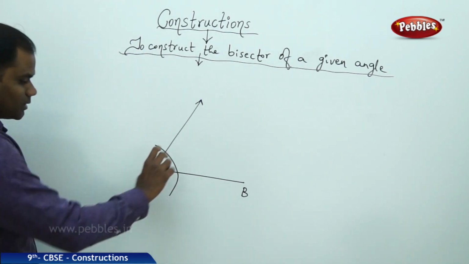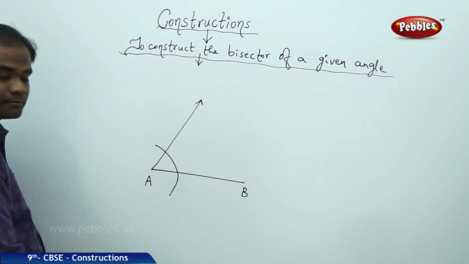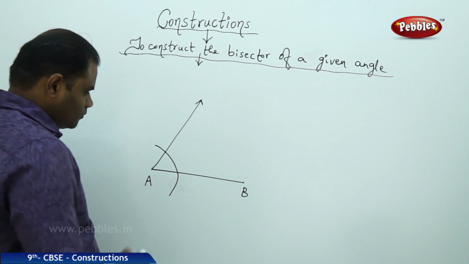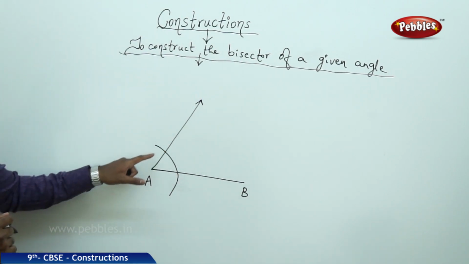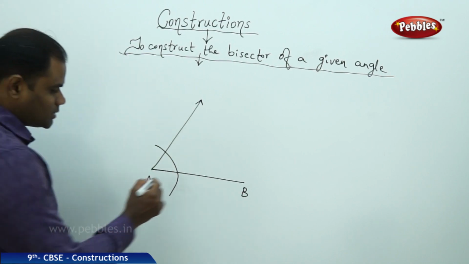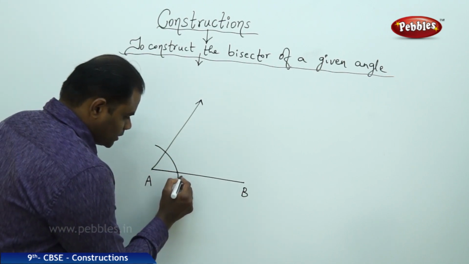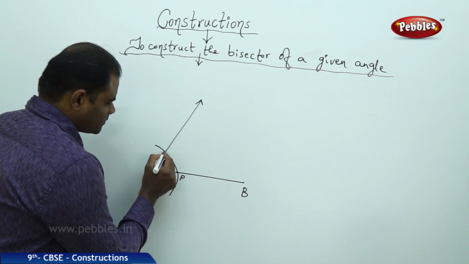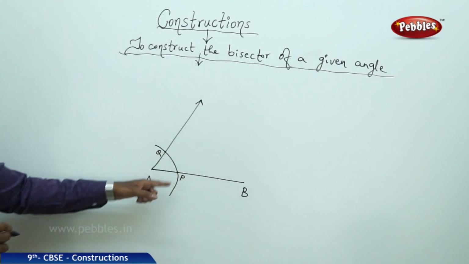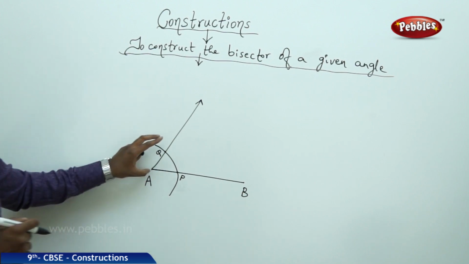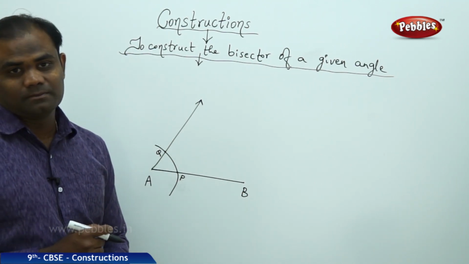Now from the arc we clearly see that this arc cuts the two lines at 2 points, say P and Q. So let me mark this with P and let me mark this with Q.